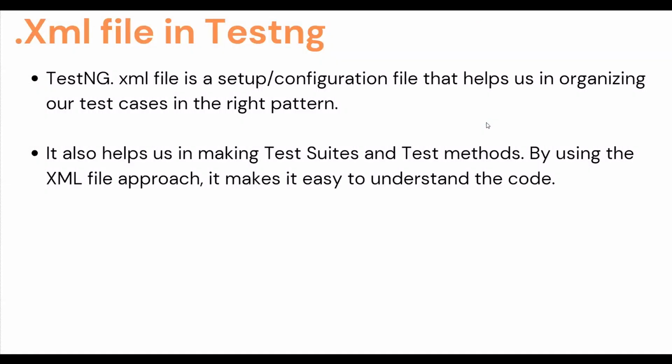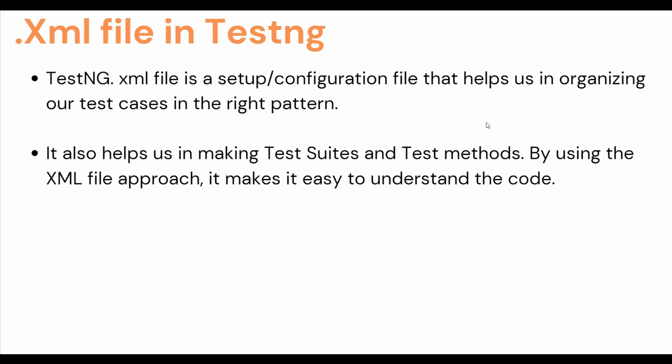So let's understand the XML file in TestNG. The TestNG XML file is a setup or configuration file that helps us organize our test cases in the right pattern. In the XML file, we can write the classes and test cases separately. Whichever test case I want to execute, I'll mention it there and run accordingly.